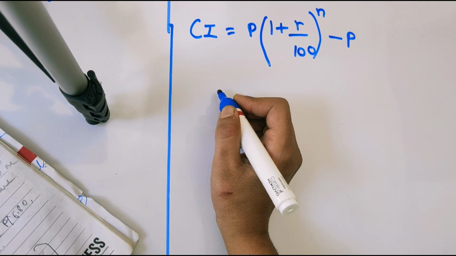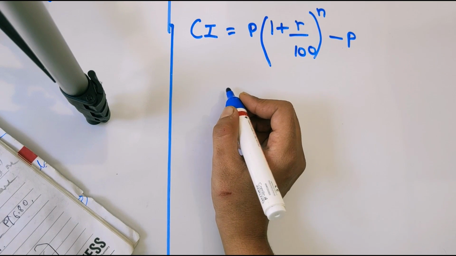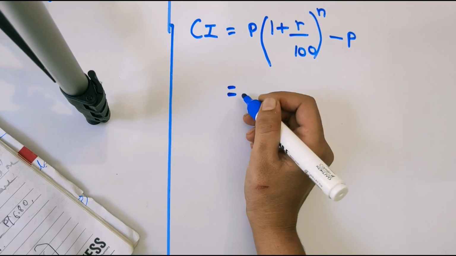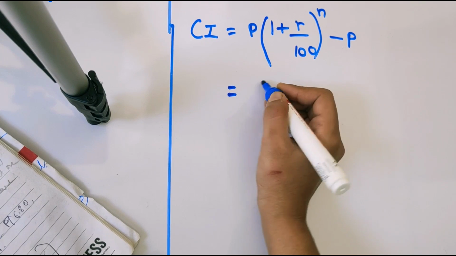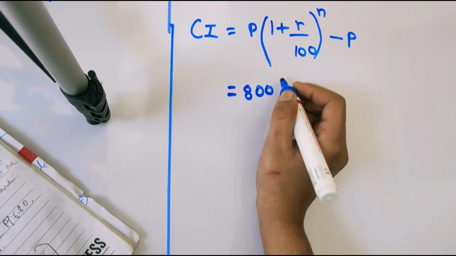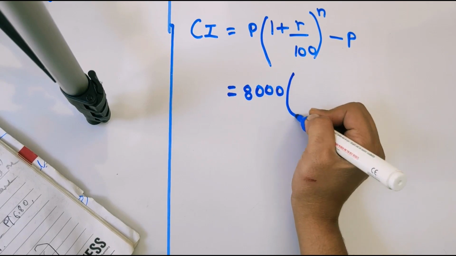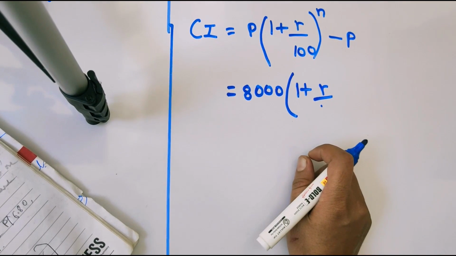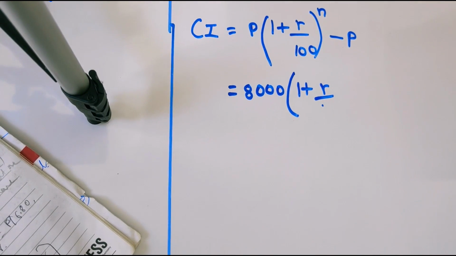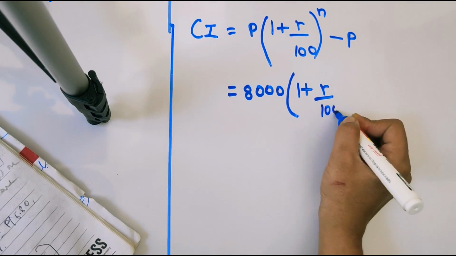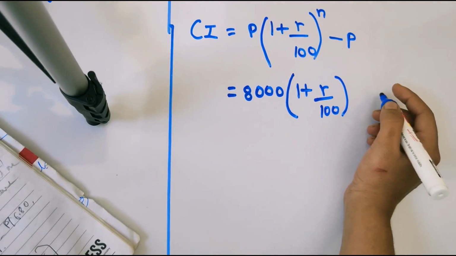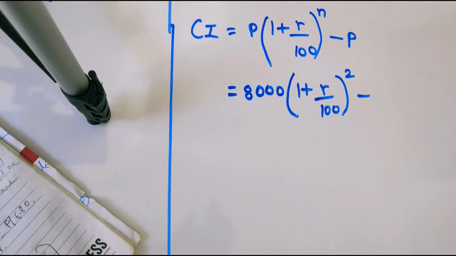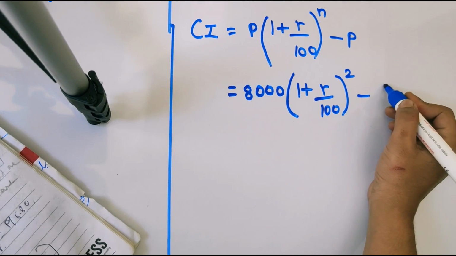Compound interest we don't know. P is 8,000. R we don't know, R will be R only. The rate of interest will be R upon 100. N is the number of years, that is 2, minus P. Again P is 8,000.